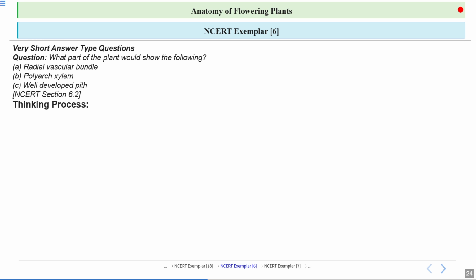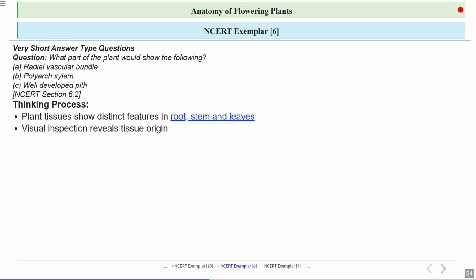Okay, let us see the answer. First, let's see the thinking process. Plant tissues show distinct features in the root, stem and leaves. Yes, we see different types of cells and tissue arrangements in root, stem and leaves. Because the things that you see in the root will not be present in the stem, and the types of tissue present in the stem may not be present in the leaves.